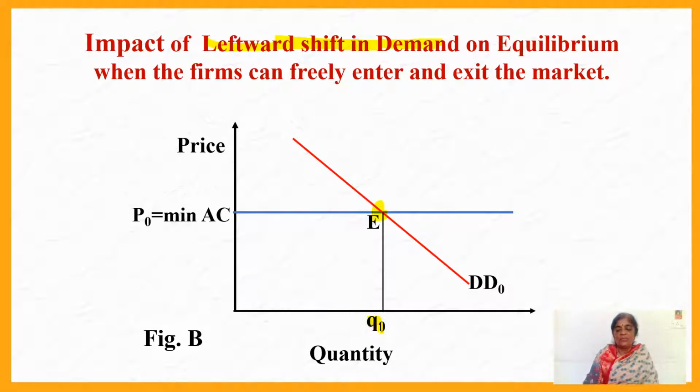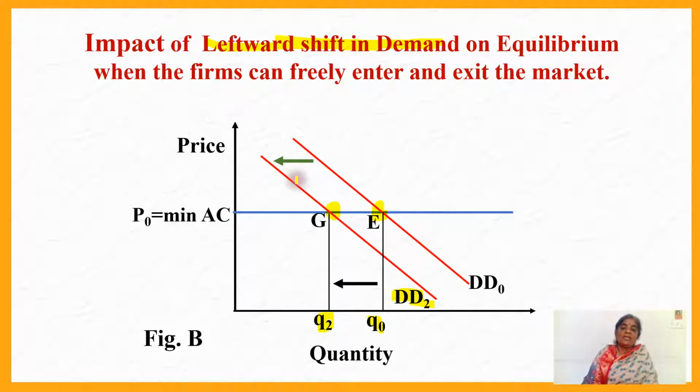Now we put a new demand curve DD2. After the shift to DD2, the new equilibrium point is G, and the quantity is Q2. You can see clearly quantity has declined because of the leftward shift.